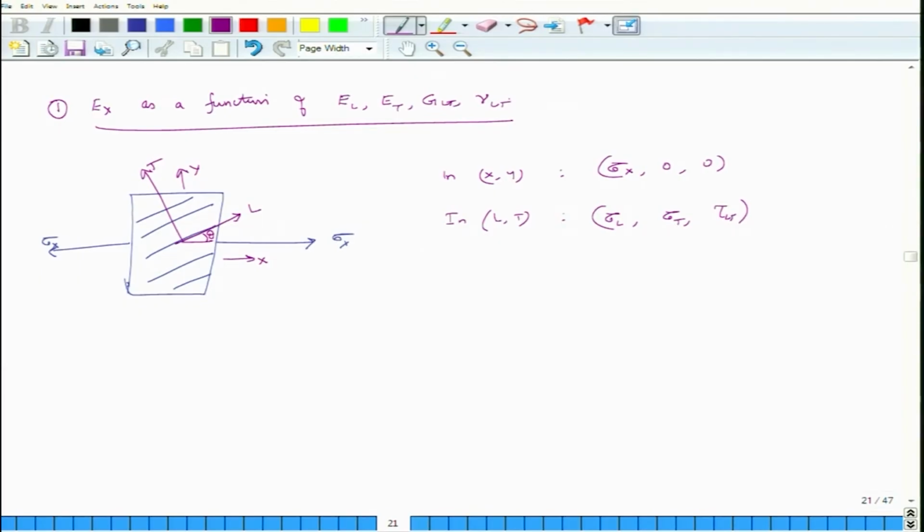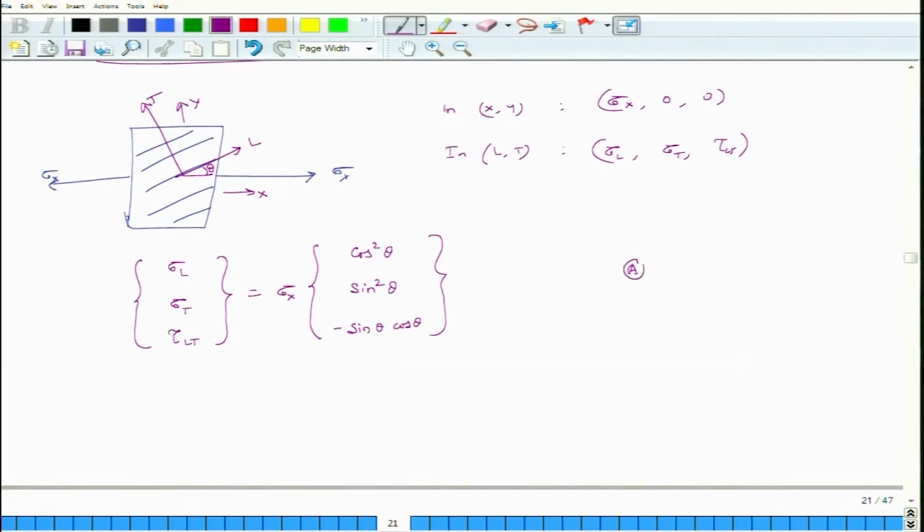So directly using those relations we get sigma L, sigma t and tau LT is equal to sigma x times cosine square theta, sin square theta and minus sin theta, cosine theta. This is what we get. All other terms come out to be 0 because sigma y is 0 and tau xy is 0. So, let us call these equations A.